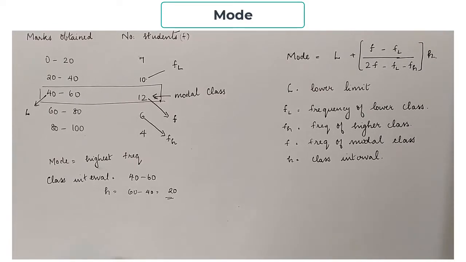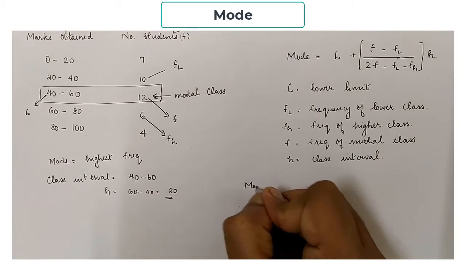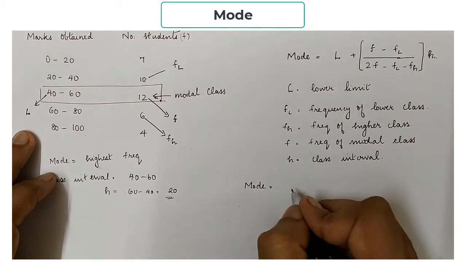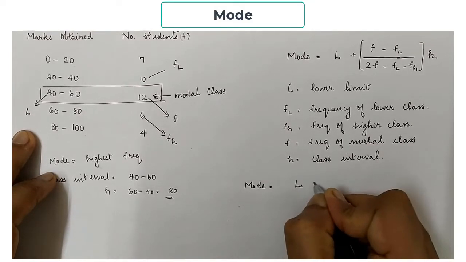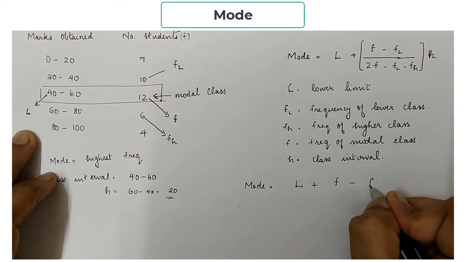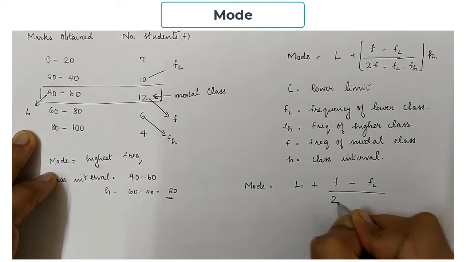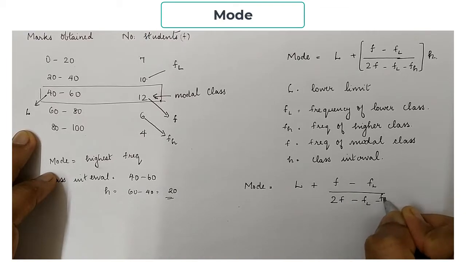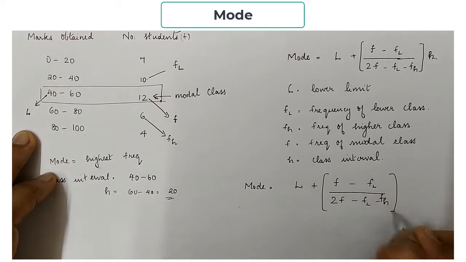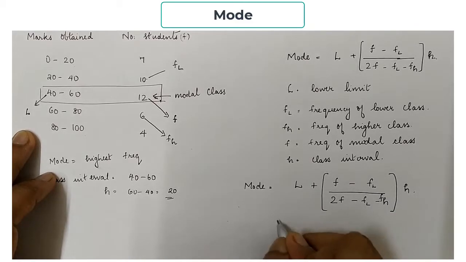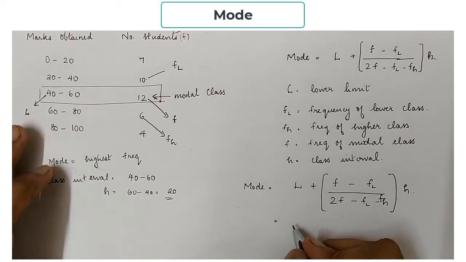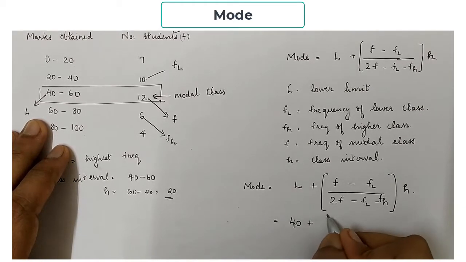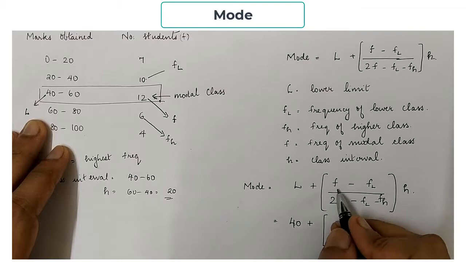Now just apply to the formula. So mode is equal to L, where L is equal to 40. I will just write the formula once again. L plus F minus FL whole divided by 2F minus FL minus FH whole into H is equal to, L over here is 40, plus, what is F?